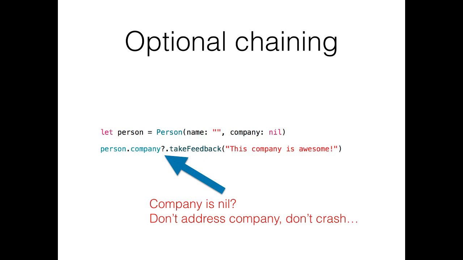Accessing something that doesn't exist will crash. It would crash if you sent a message to it. Oh yeah, that's true. But you have a way to catch the exception that will be triggered there? It won't trigger anything. It just doesn't do anything because the company is nil. Yeah, that's dangerous. That's what I said.